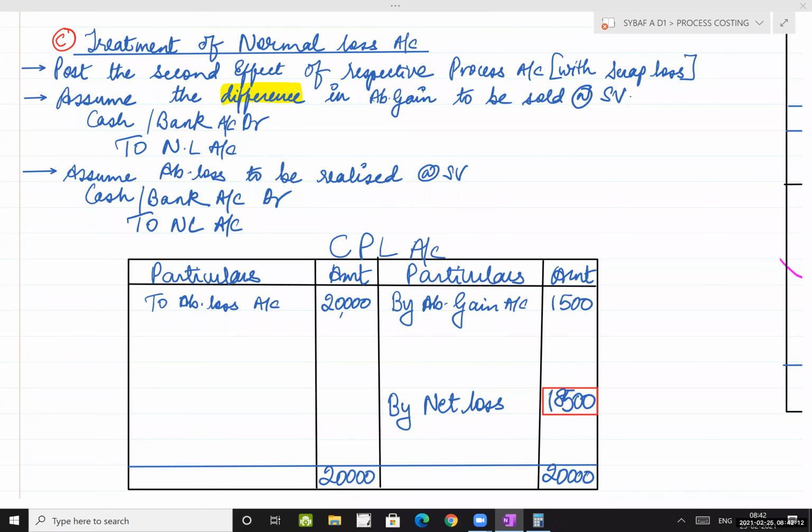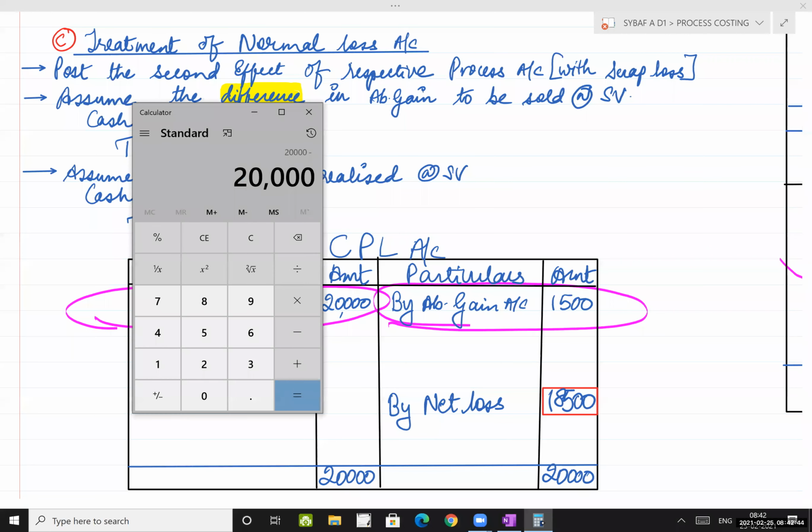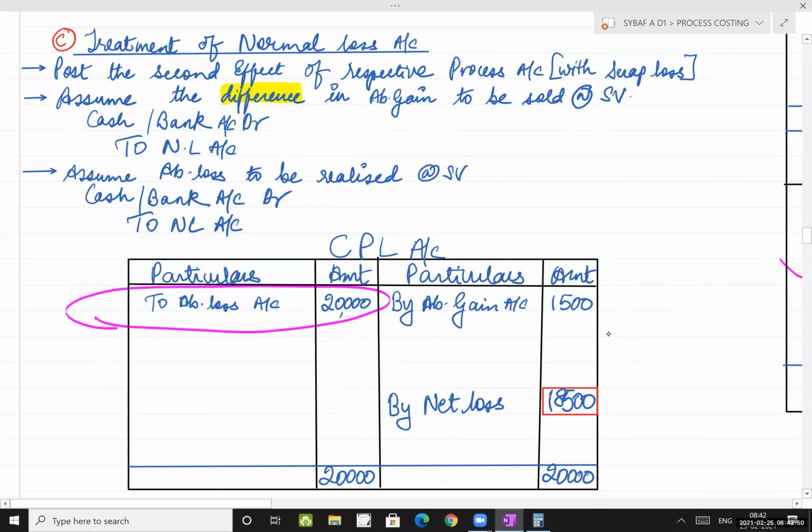And then you have the CPA, costing and profit loss account, costing P&L, कॉस्टिंग प्रॉफिट एंड लॉस अकाउंट. ओके, सो एबनॉर्मल गेन में हमको 1500 का प्रॉफिट आया था. ओके, उसका सेकेंड इफेक्ट. एंड एबनॉर्मल लॉस में ऑब्वियसली हमें 20,000 का लॉस आया था, उसका सेकेंड इफेक्ट. ओके, डिफरेंस इज नेट लॉस, 20,000 माइनस 1500, so net loss is 18,500.